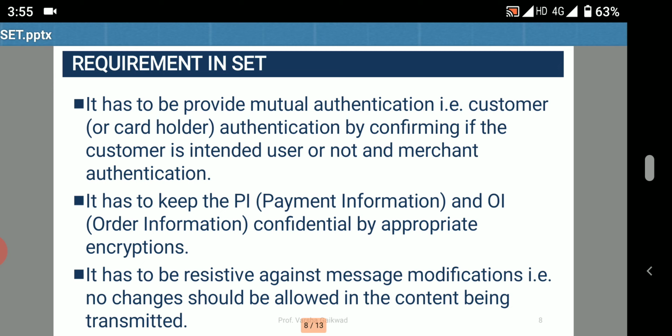So whatever card details we enter should be transferred with total fidelity. That means it should be trustworthy. It should not be like we are entering some card number and it gets changed on the way during the transaction. So it should be secure.